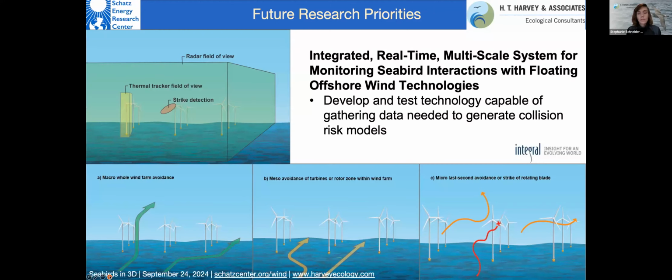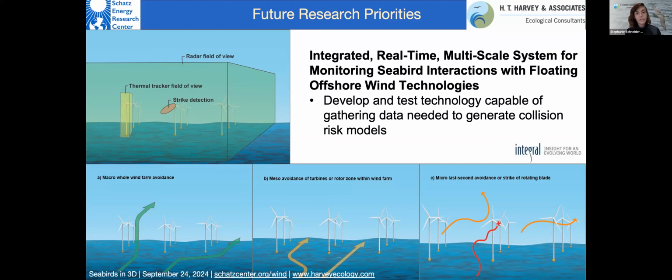Another thing that we're doing, as Sharon mentioned, we're really, for collision risk modeling, hoping to get much better at calculating avoidance rates for each species that would need that. Not every species needs necessarily a collision risk model, but for the ones that do, having a way to measure avoidance at various scales as birds are far away from the wind turbine and the facility itself, and as they approach, and as they're in it, and as they get to the blades.